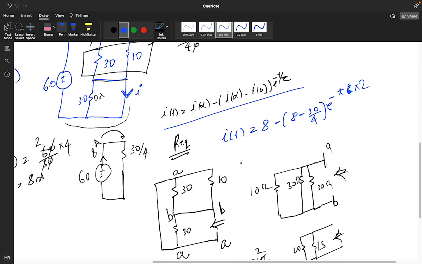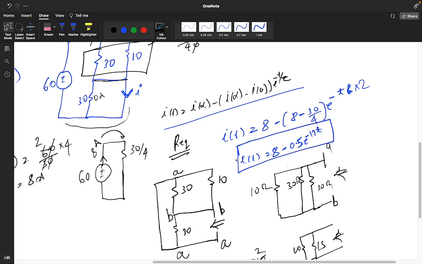So you are getting I of t as 8 minus 32 minus 30 by 4, into e power minus 12t. 32 by 4 is 8, 8 minus... 1 by 2, 1 by 2 is 0.5, 0.5 e power minus 12t. So this value you will get.